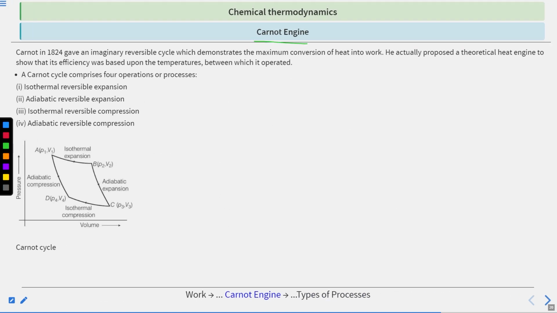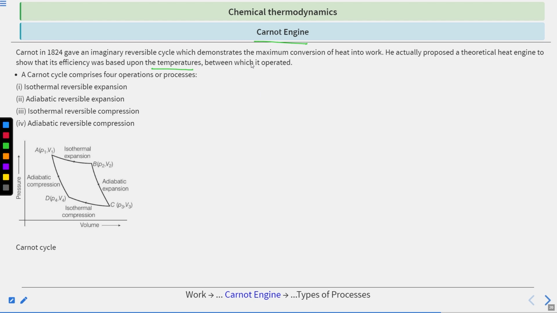Now we will study the Carnot engine. In 1824, Carnot gave an imaginary reversible cycle which demonstrates the maximum conversion of heat into work. He proposed a theoretical heat engine to show that its efficiency depends upon the temperatures between which it operates.